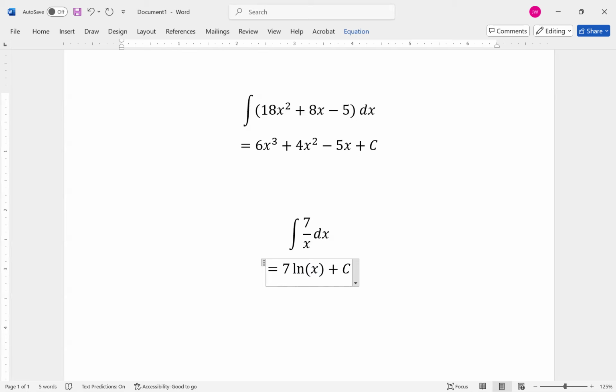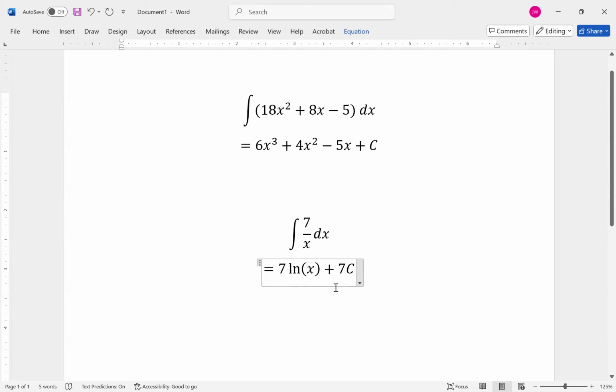Now, by the way, you might ask, should the 7 be in parentheses around the entirety of the natural log plus c? In other words, should I distribute that 7 into the c along with distributing it into the natural log?